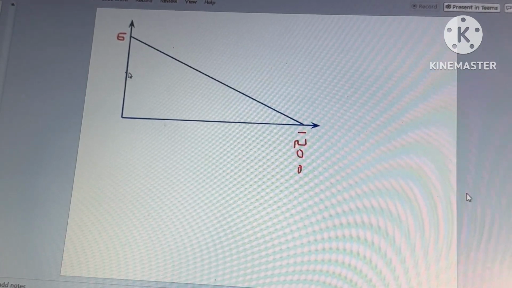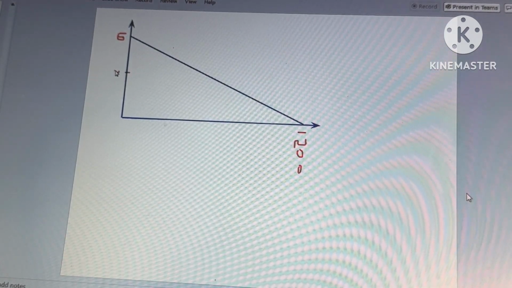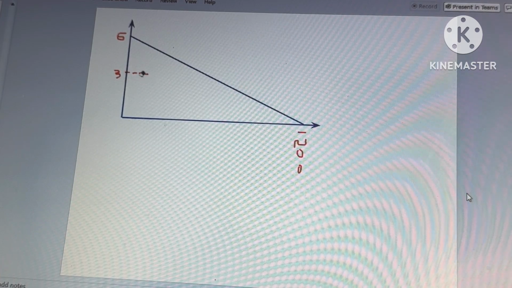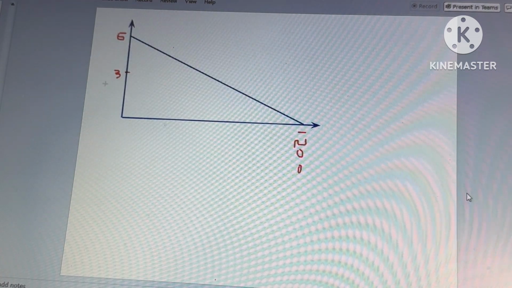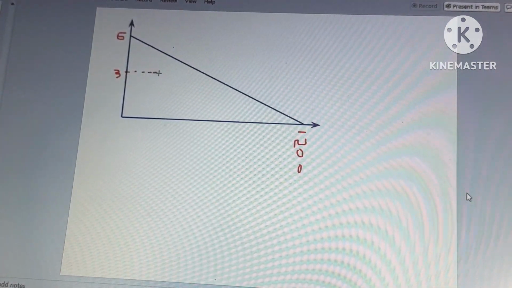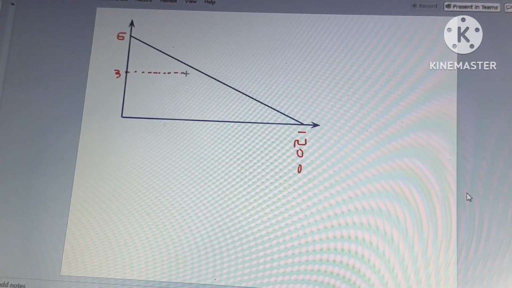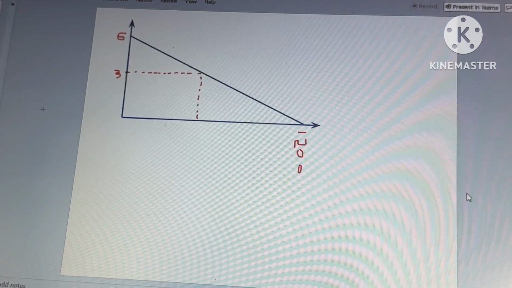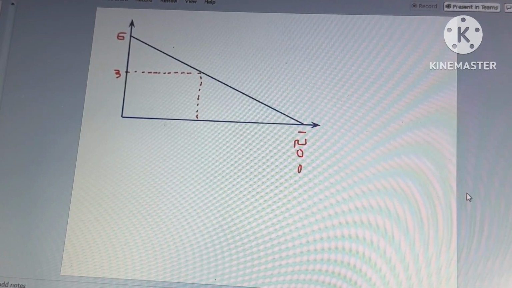And this is 3. And the quantity here is 600.